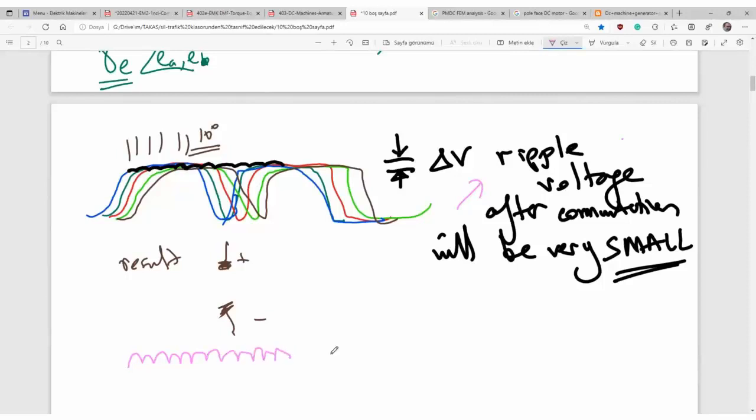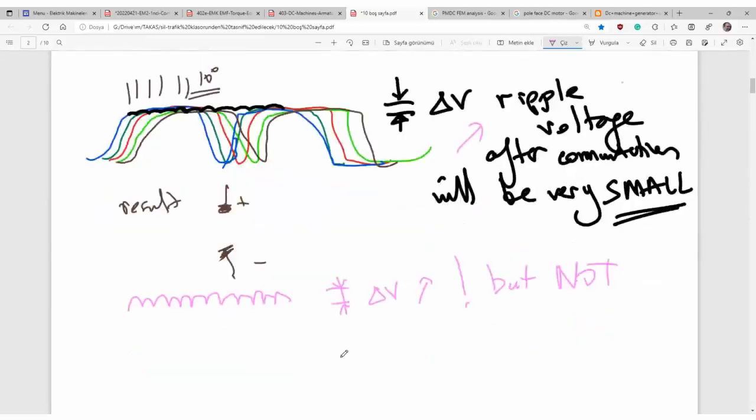Delta V ripple voltage would be larger, but not, because we design poles to produce such a B flux, B of theta.